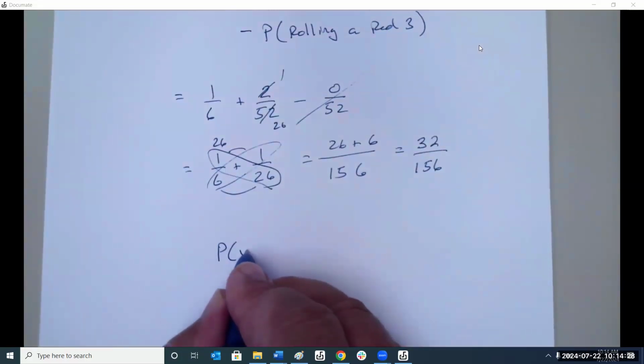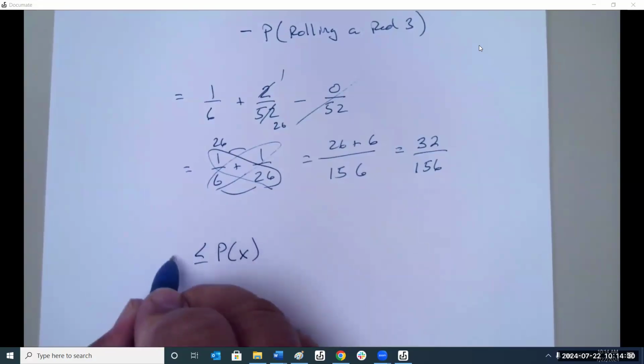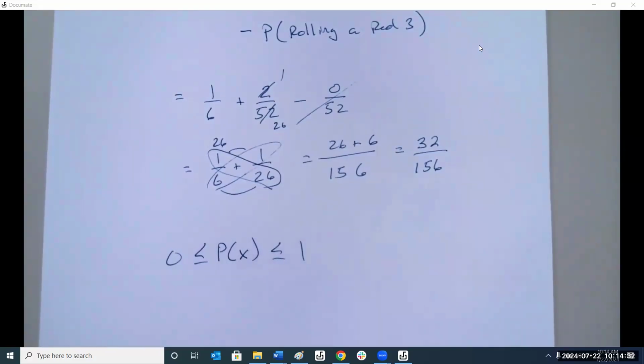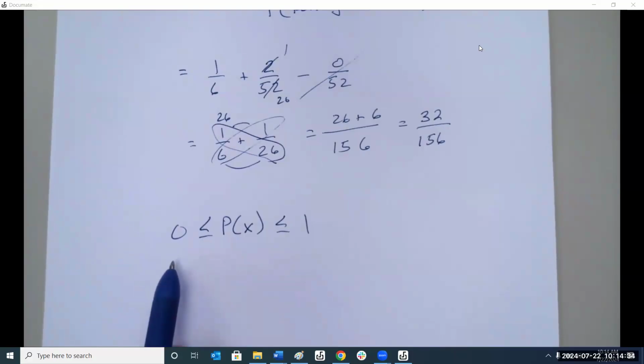Remember, the probabilities are between 0 and 1. Is it possible to get a 0? Yes, we just did it. If I have a bag full of coins, can you pull a $5 bill out of there? No, because your bag is only full of coins. There is no $5 bill in there.